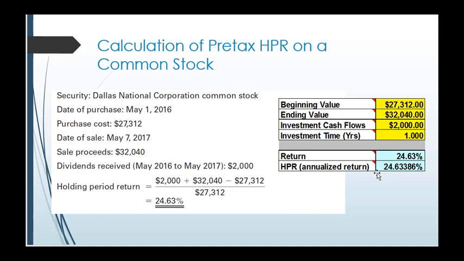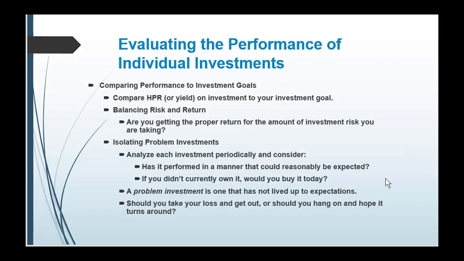Remember, we can adjust this based on time, right? We can change the time horizon. If you change the time horizon, the return won't change, but the annualized return will change. So this will change if you change the timing of the investment horizon.